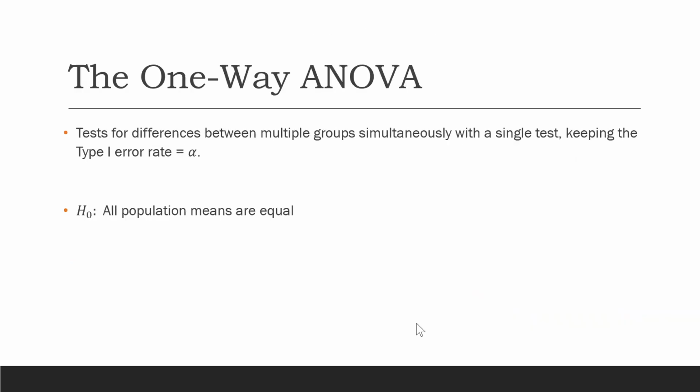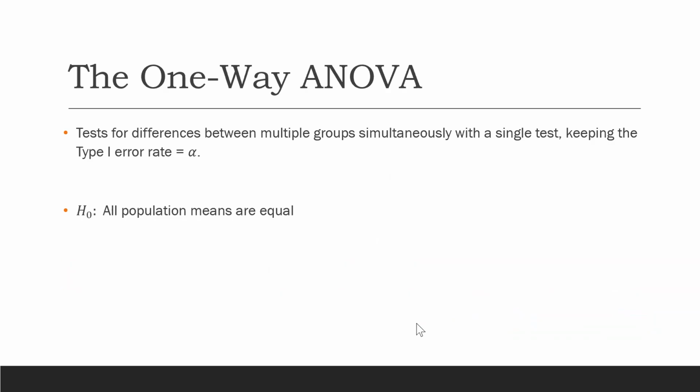All right. So the one-way ANOVA is our option here, our solution for that. It tests differences between the multiple groups simultaneously with a single test, and it maintains that type 1 error rate at alpha, which is generally 0.05 for us in the social sciences.